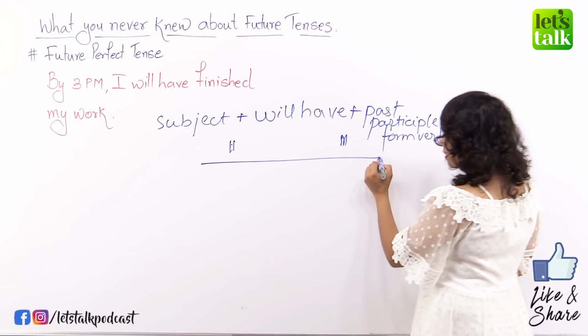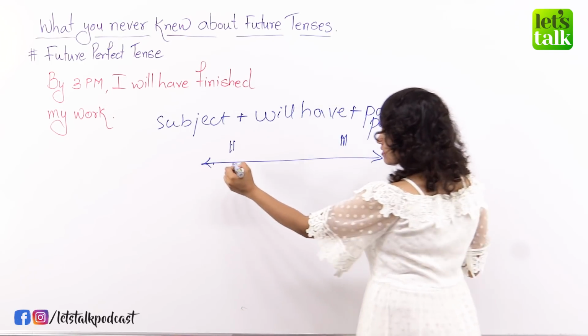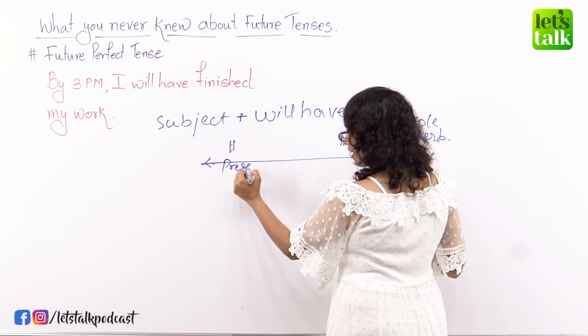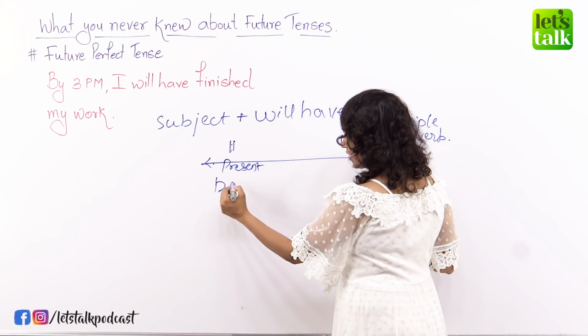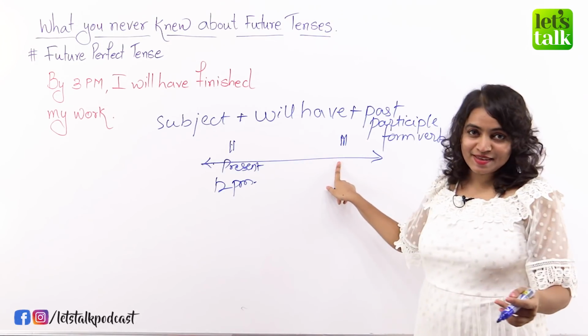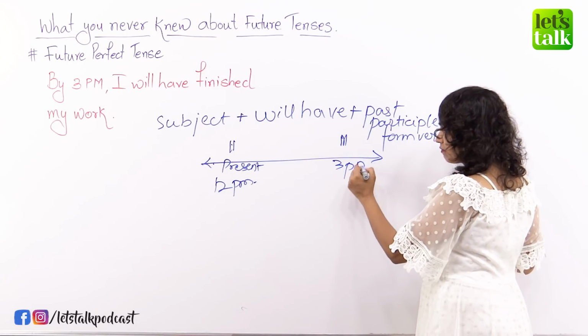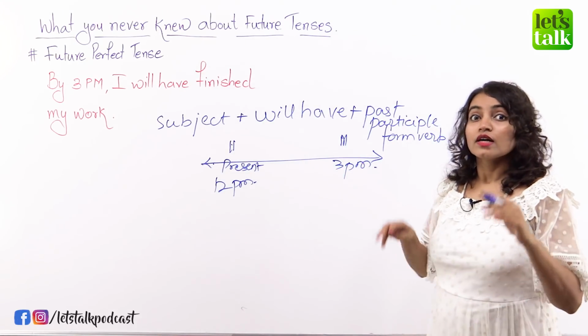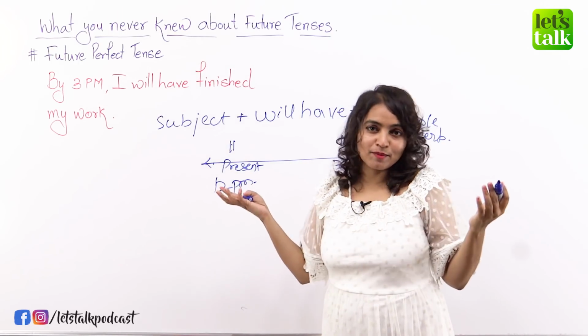So let's assume this is my timeline, and this is the present, and it should be around 12 o'clock in the afternoon right now. And the point in the future is going to be sometime at 3 o'clock in the afternoon. So let's say I'm doing my homework. I'm writing, reading, doing my homework.